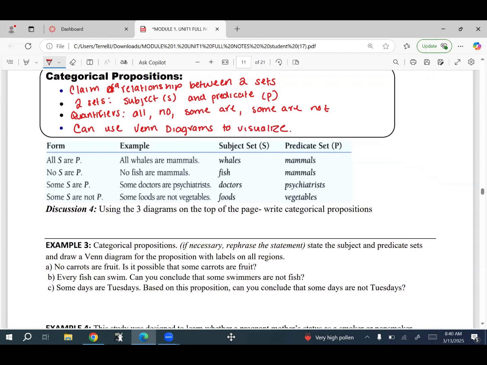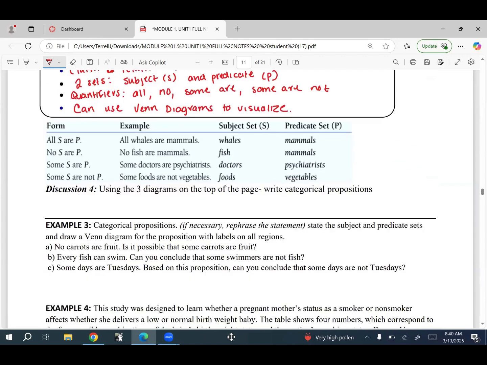So let's look at the examples here. It says all whales are mammals. So in this instance, whales are your subject. That would be your S. Mammals are your predicate.